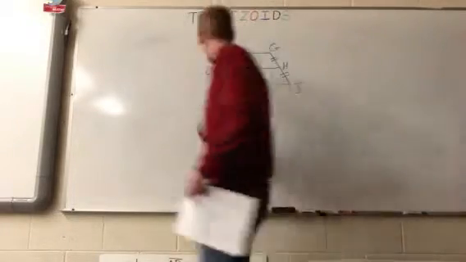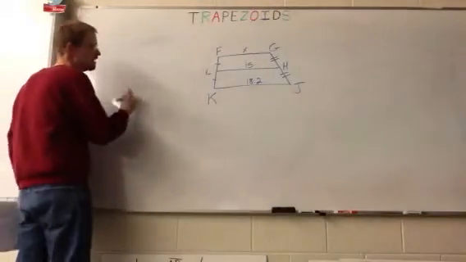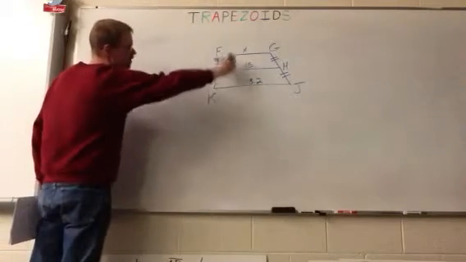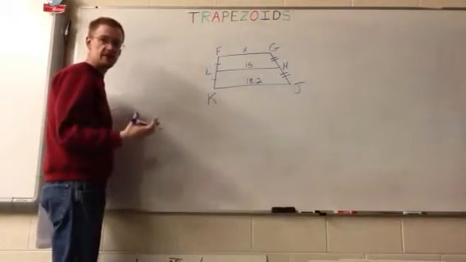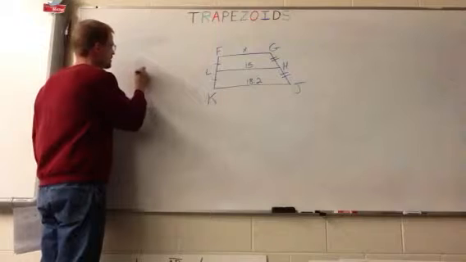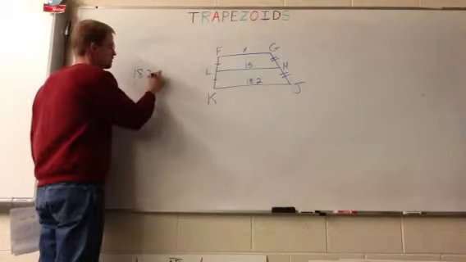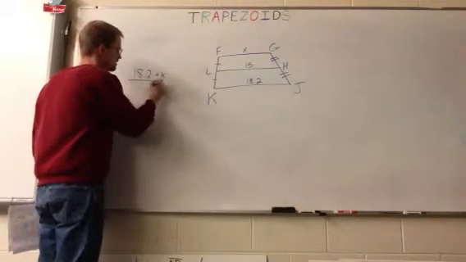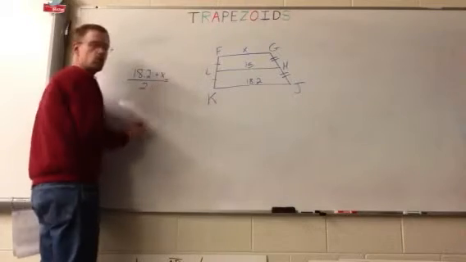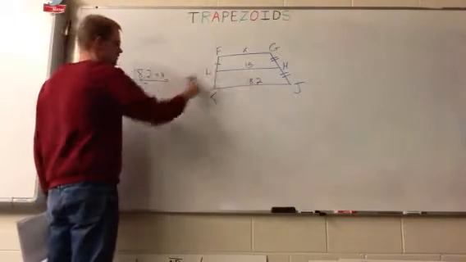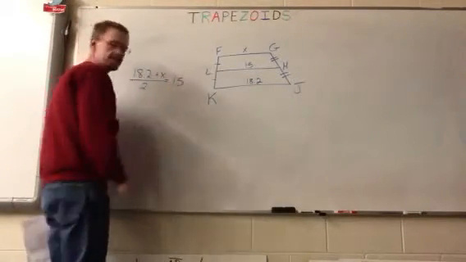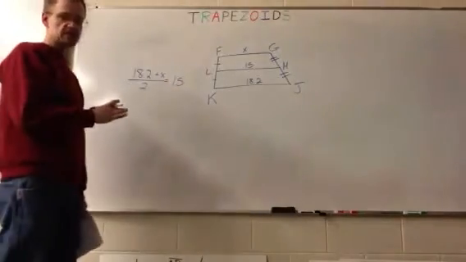And I'm going to move to this side real quick. If we added 18.2 plus x and divided by 2, that should equal 15. At this point, guys, this is Algebra 1.